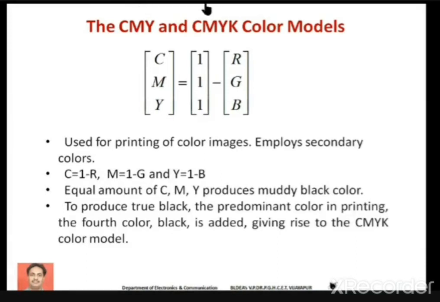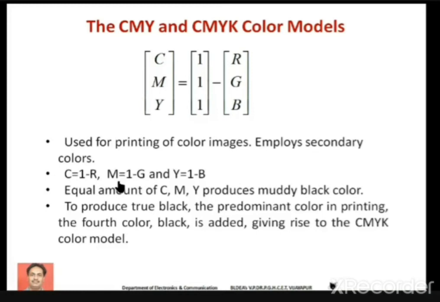And you have to remember this equation for conversion of RGB to CMY. It is also better to write the equation for conversion of CMY to RGB. Easily you can write the equation. Then you can explain that C equals 1 minus R, M equals 1 minus G, and Y equals 1 minus B. And when we mix these three colors in equal proportion, that is cyan, magenta, and yellow, it will produce the black color.